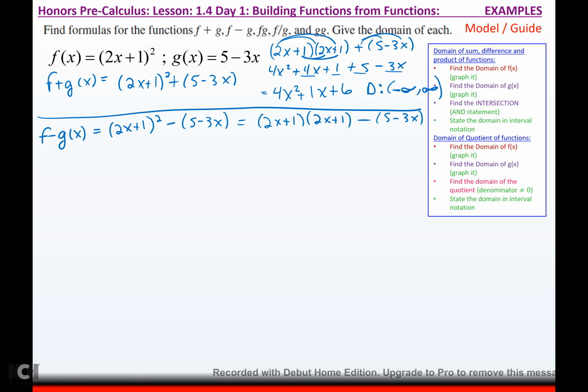So again, if I distribute, I get 4x squared plus 2x plus 2x is plus 4x plus 1. Distribute the negative, I get minus 5 plus 3x. So now when I combine like terms, I have 4x squared plus 7x minus 4. And my domain, again, no drama, so negative infinity to infinity.